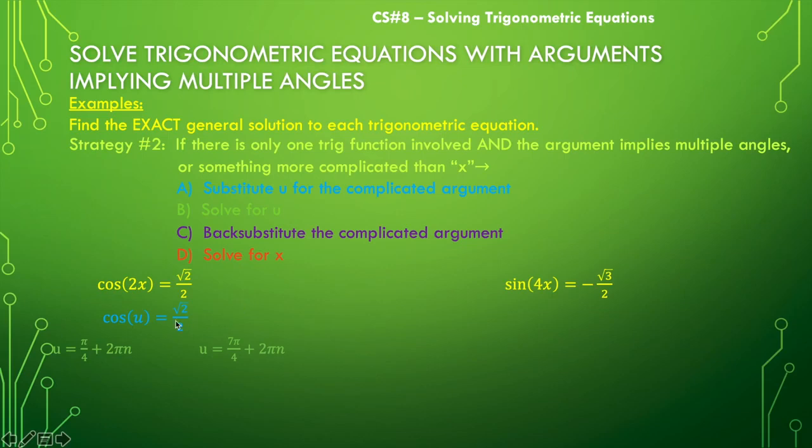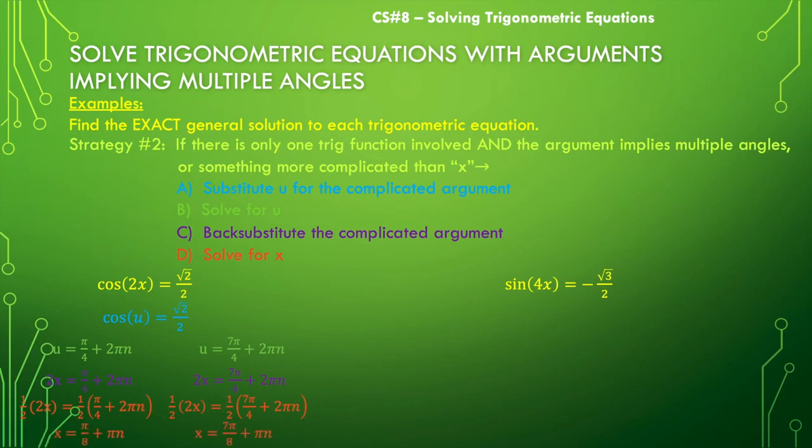Now what we're going to do is back substitute the complicated argument. We took out this 2x and substituted in the u. Now we're going to put it back in. Okay, so where we see u, we're going to put that 2x back in. Okay, and now we are going to solve for x by isolating that variable. So we're going to multiply the left and the right hand side of both of these equations by 1/2, and then simplify.